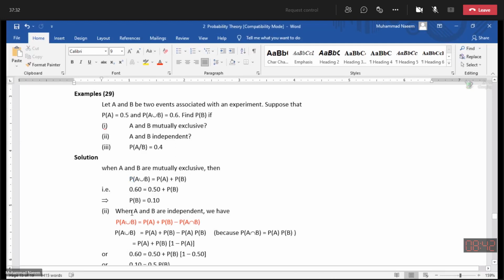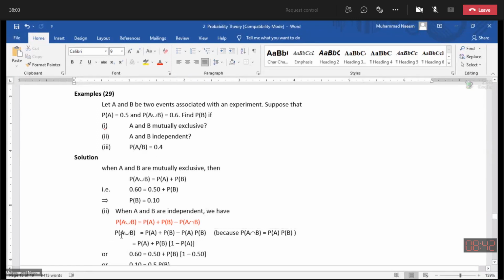If they are independent, then in this addition formula, the intersection is equal to probability of A multiplied with the probability of B. Also, we have applied this formula when the events are independent. So due to independence, we have used this advantage.